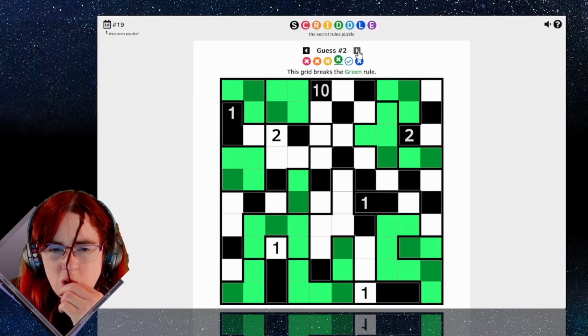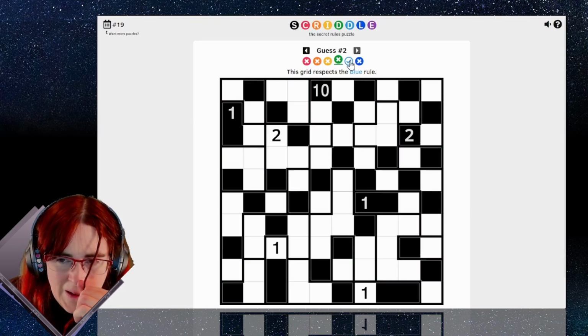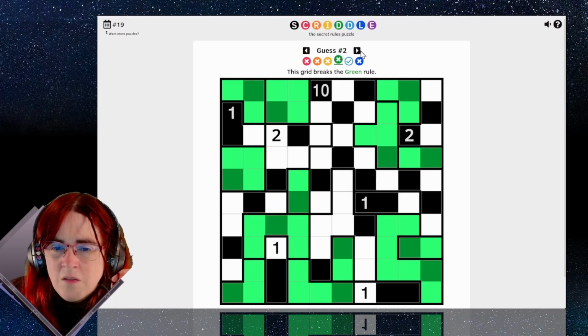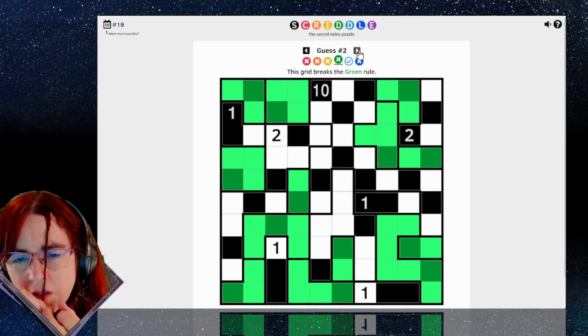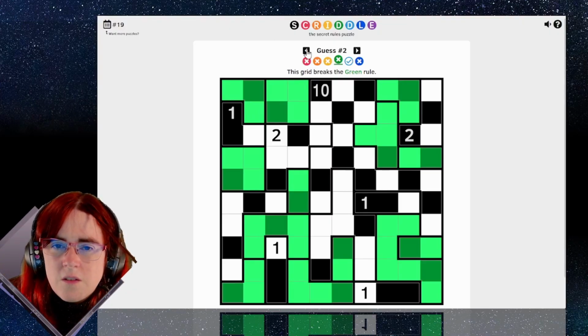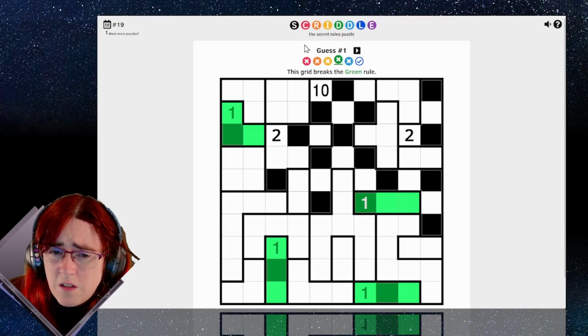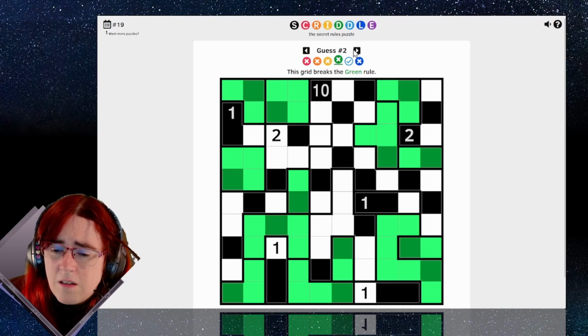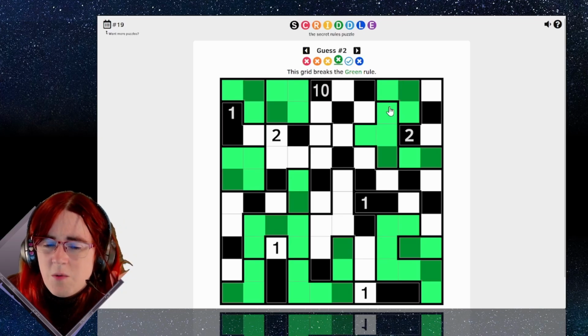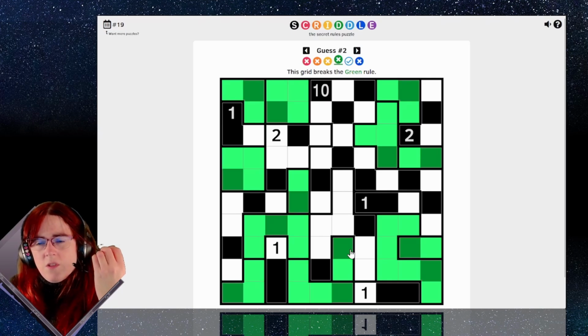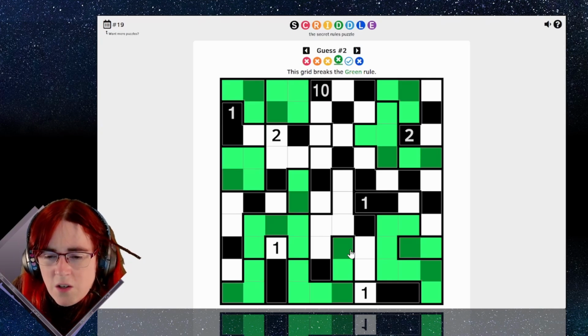Aha. We thought the green rule was related to rooms with numbers, and yet this time we broke it for lots. So, is the green rule as simple as a room may not have exactly one shaded cell?